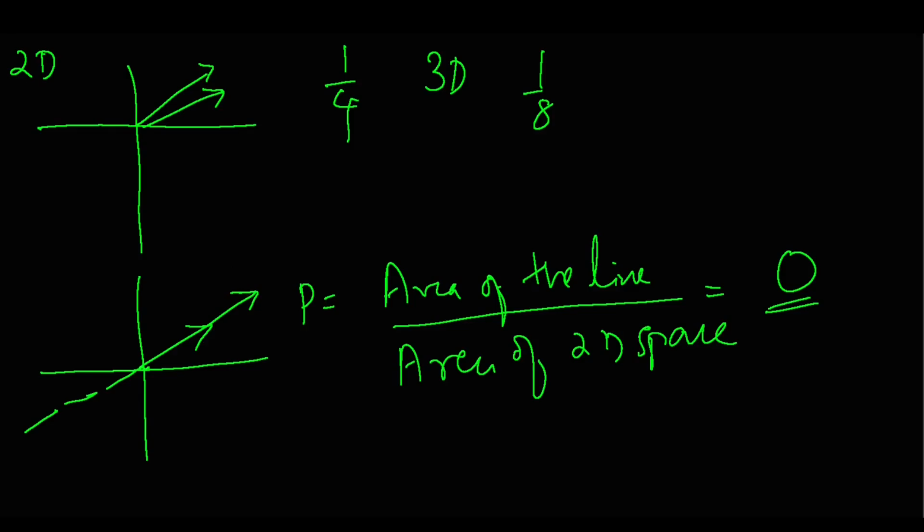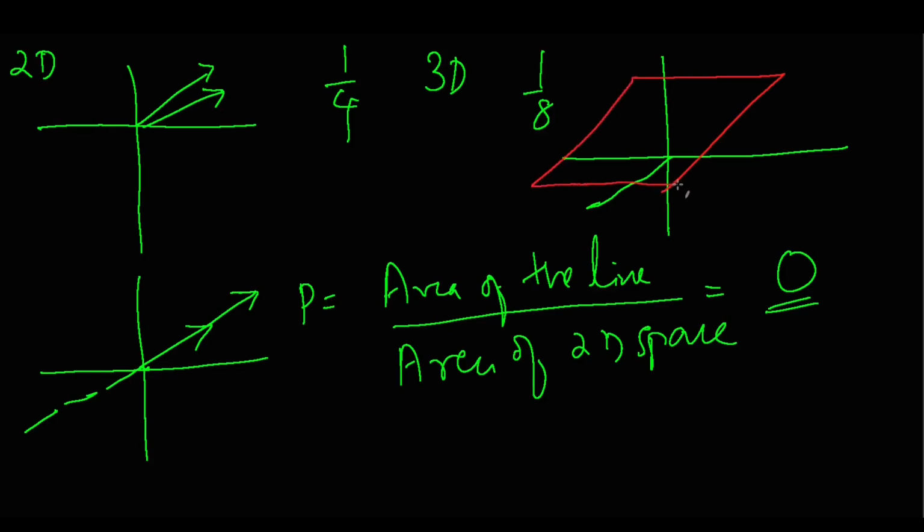In the same way, we can ask in a higher dimension, let's say in 3 dimension, we can ask what is the probability that three three-dimensional vectors drawn from this space come from a 2D plane.